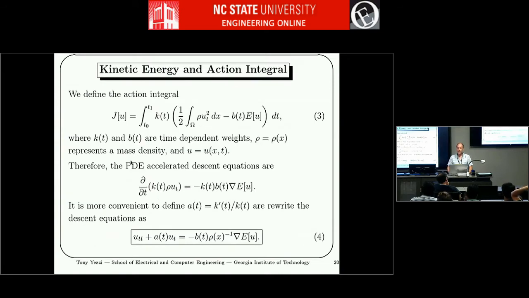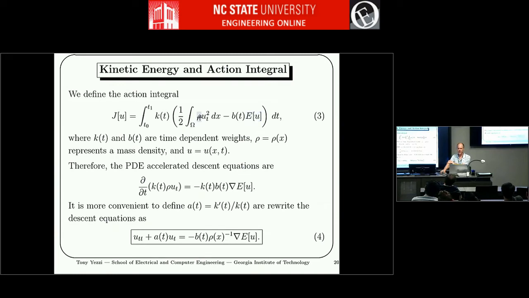All right, so how would you do the accelerated version of this? Okay, so you have to make up a kinetic energy. It's pretty natural to do so, right? So here's the energy function that we already had to begin with, whose gradient has spatial derivatives. The kinetic energy is we just integrate over the domain of our function u.